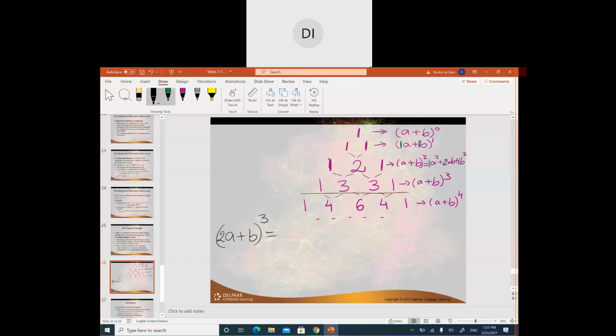I'm going to write 1, 3, 3, and 1. Then next to each number, I'm going to put 2a and b, because those are my two terms. It's a binomial. I have two terms. I'm going to put 2a, b. The next one is going to be 2a and b again. So I'm going to copy that next to each number.